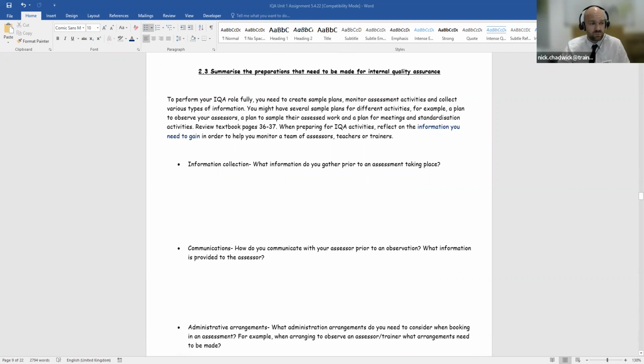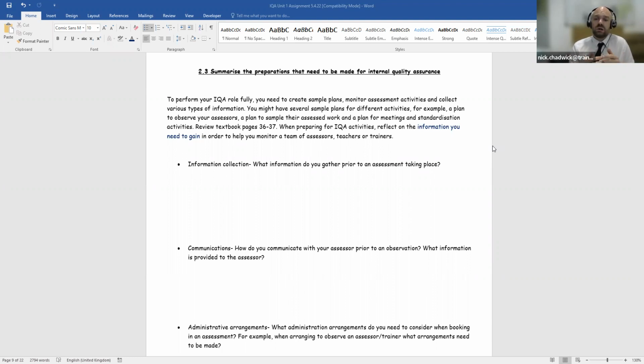Now we are just moving on to our next section. We are going to move on to 2.3, summarize the preparations that you'll need to make for internal quality assurance. To perform your IQA role fully, you need to create a sample plan in order to monitor assessment activities and collect various types of information.